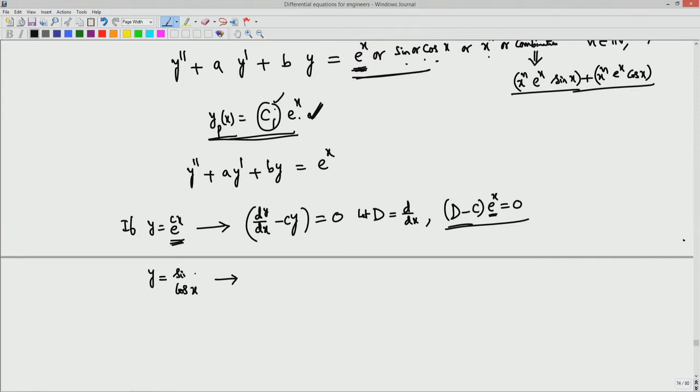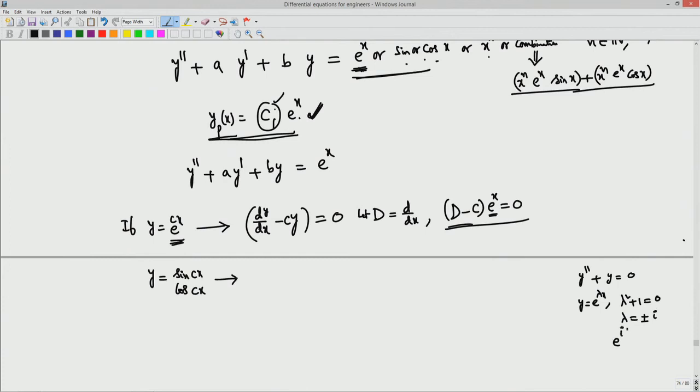If I have sin cx or cos cx, then what is the differential equation that is satisfied? You have seen that for solutions like sin x and cos x, the equation is y double dash plus y equal to 0. If you look for y equal to e power lambda x, lambda square plus 1 is 0, so lambda is plus or minus i.